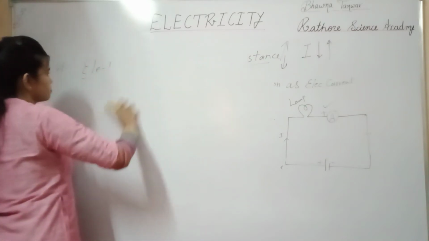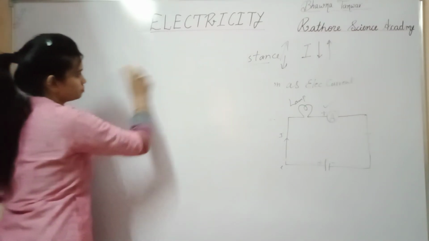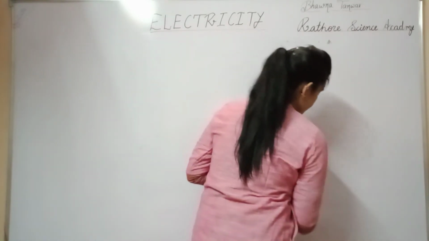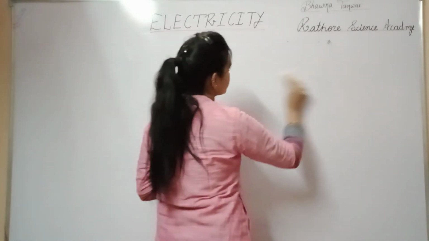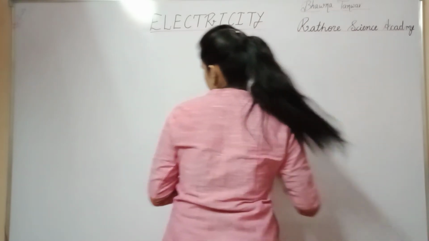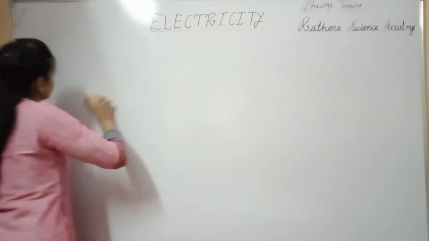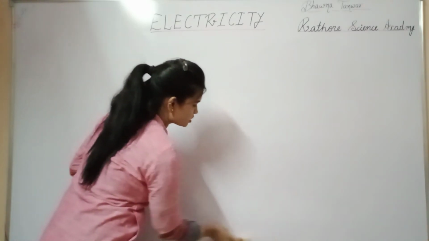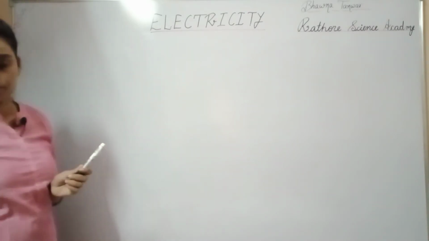Now we have discussed charge, we have discussed electric current, we have discussed the ammeter, and why the ammeter is connected in series. Next, we will discuss conductor and insulator.